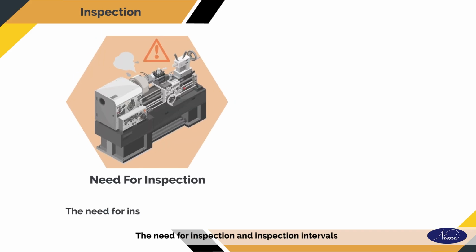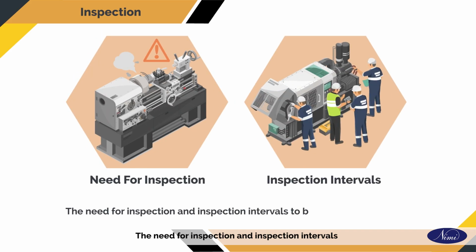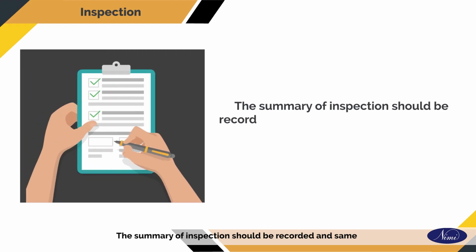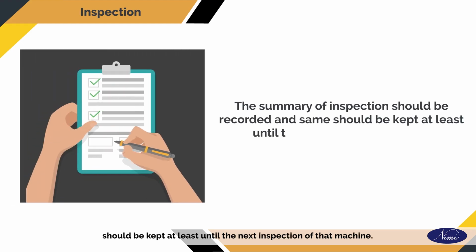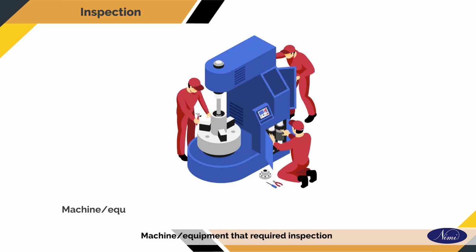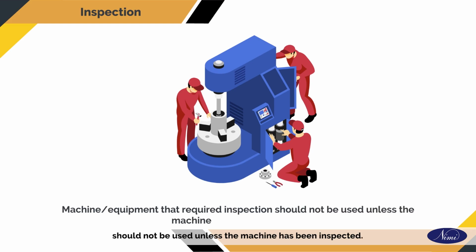The need for inspection and inspection intervals are to be determined through risk assessment. The summary of inspection should be recorded and kept at least until the next inspection of that machine. Machine or equipment that requires inspection should not be used unless the machine has been inspected.